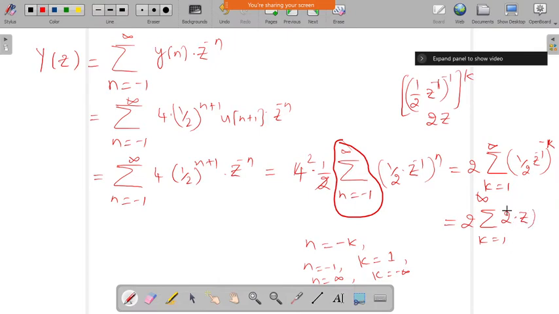So we get 2z power k. Now we can write this as 2 into 2z divided by 1 minus 2z. So this is the value we are able to get for this.